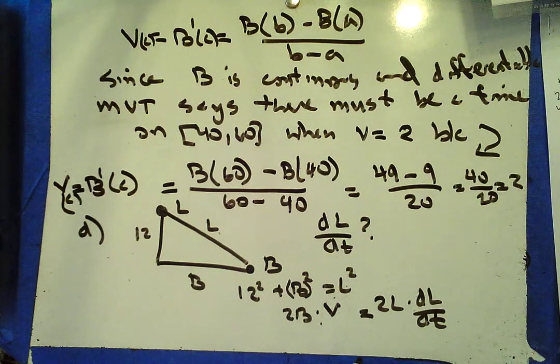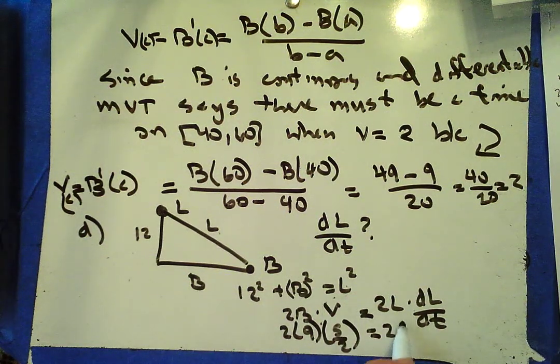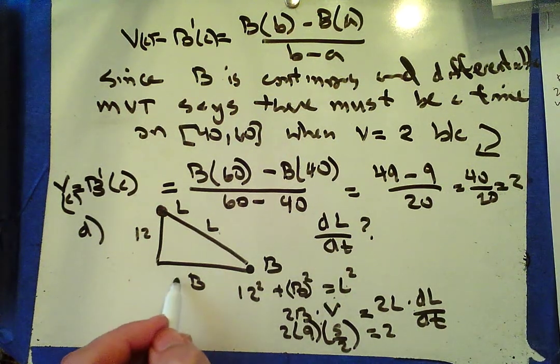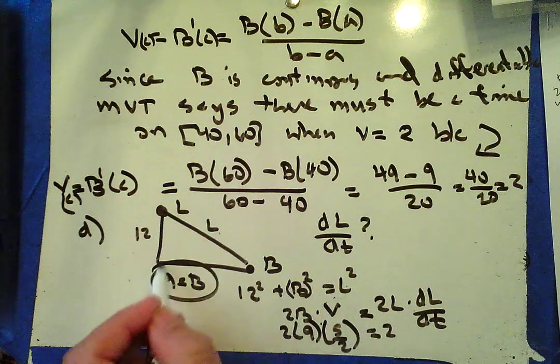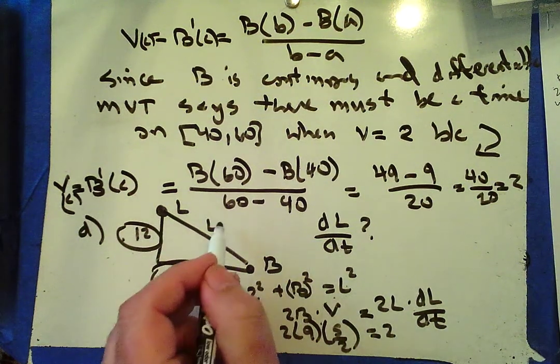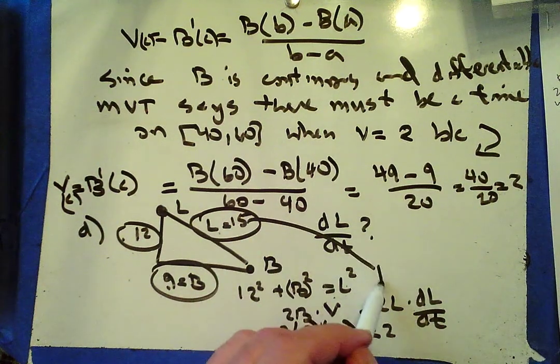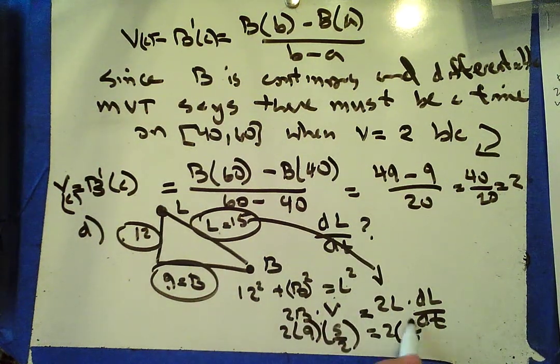Okay, and we want to know at t equal to 40. So Ben's position at 40 is 9. Ben's velocity at 40 is 2.5, or 5 halves. And then we've got a 2 here. L. Since we know that this is 9, I see a 3, 4, 5 right triangle. This must be 15. I'm going to need to find that to put it in there. 15 and dL/dt.